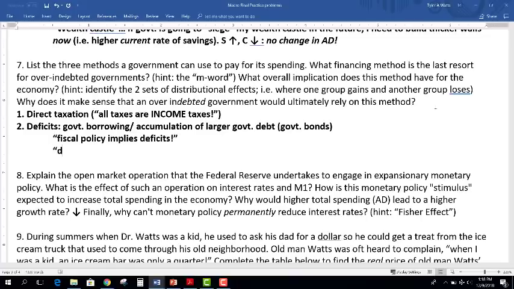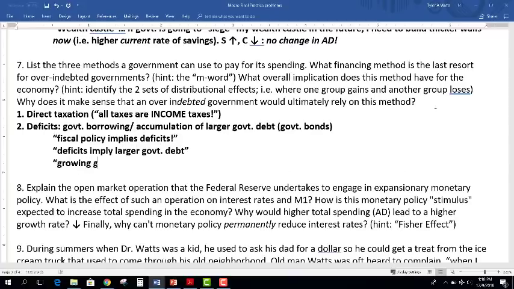So let me put it this way, deficits imply larger government debt. Growing government debt implies what? Higher future taxes, or future government spending cuts, which I think are unlikely. But either one of these would cause a negative aggregate demand effect.